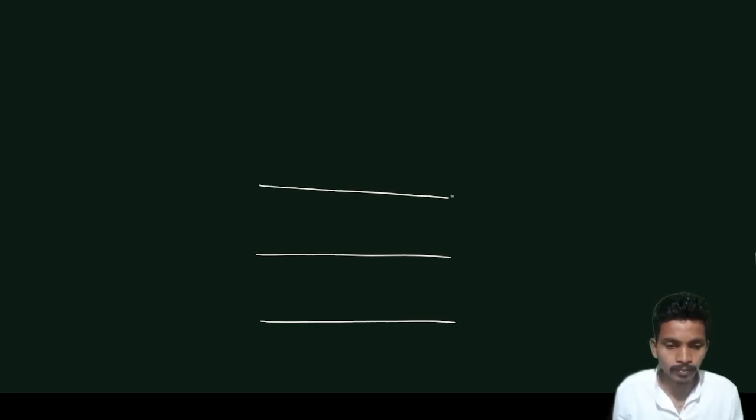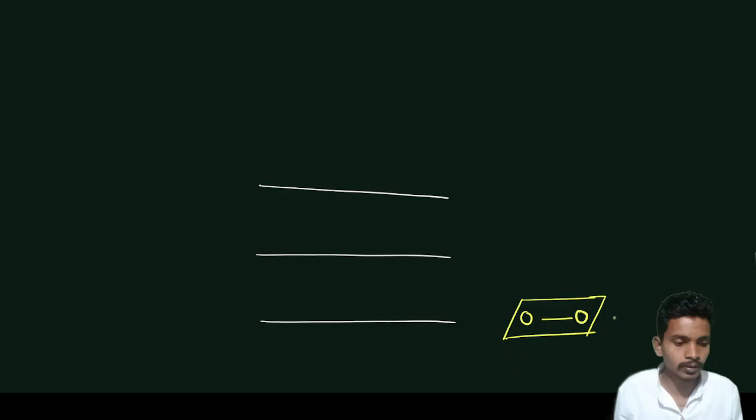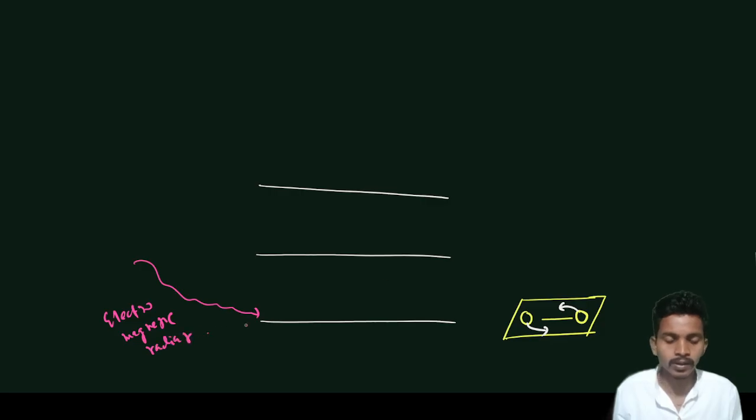So let's say at this energy our O2 is rotating, and we are giving electromagnetic radiation to it. The radiation has its own frequency, and if it matches the rotating molecule's frequency, the molecule absorbs it.